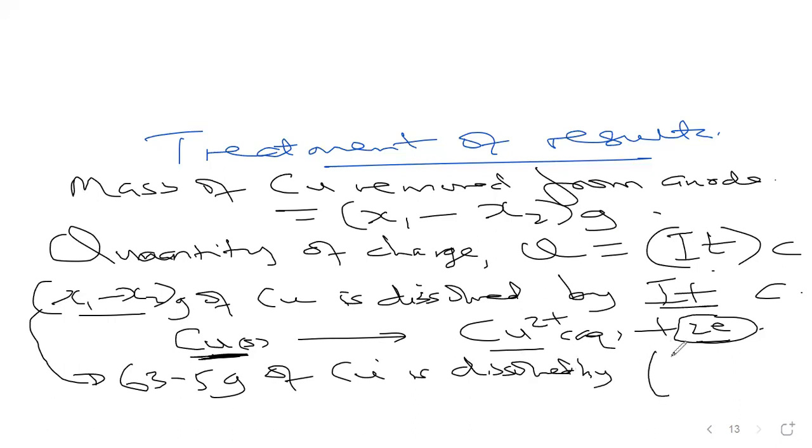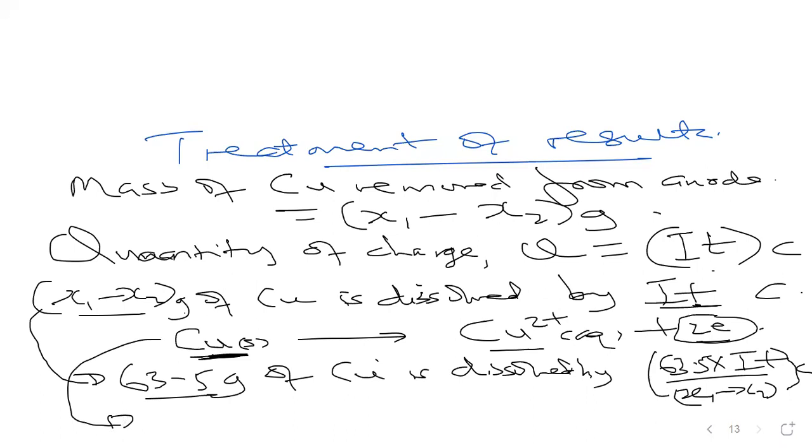It is dissolved by 63.5 times IT, cross multiplying, over X1 minus X2, the whole of this in terms of coulombs of charge. So if these grams of copper are dissolved by IT coulombs, this mass, which is 1 mole, will be dissolved by this quantity of charge. If I do cross multiply, this is now mathematics. Then the equation comes into play.